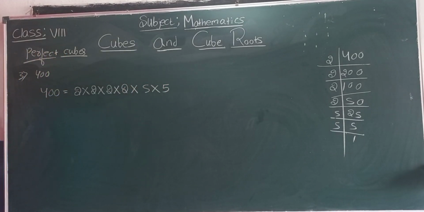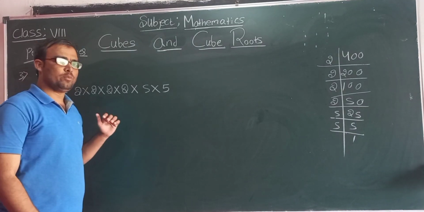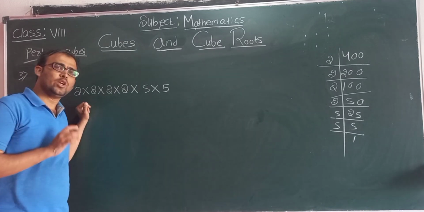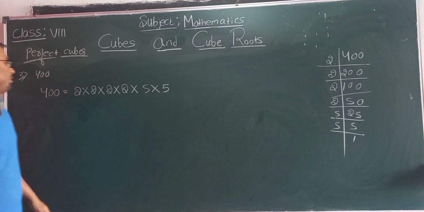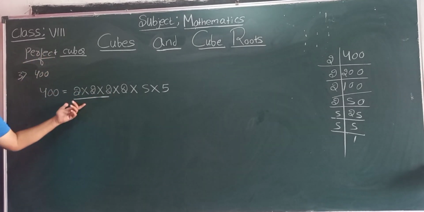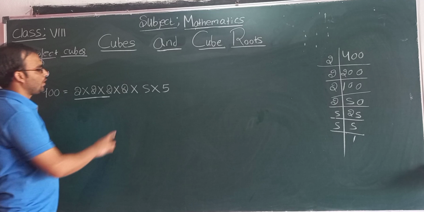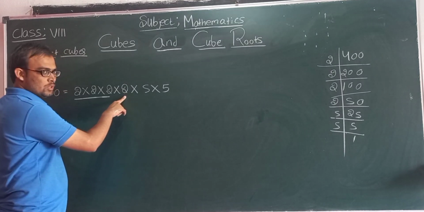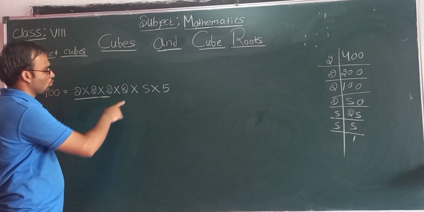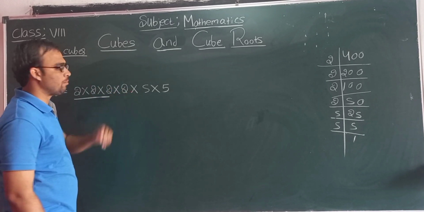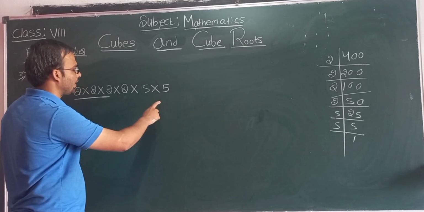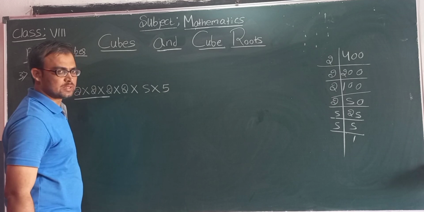Okay, now students, what we need to do? Here we need to make a group of 3 of the same number. We can make a group of 3 of the same number, that is 2. Here only 1 2 is left, so we cannot make a group; we need 2 more 2s. And only 2 5s are there, so here we cannot make a group of 3.